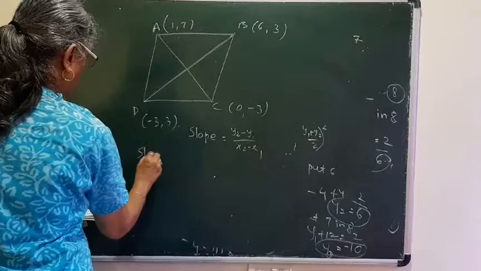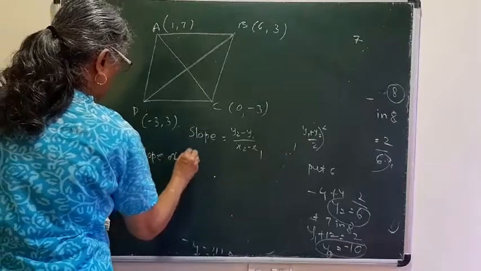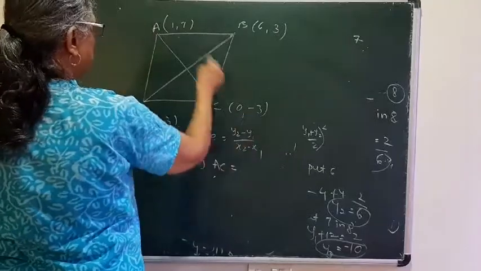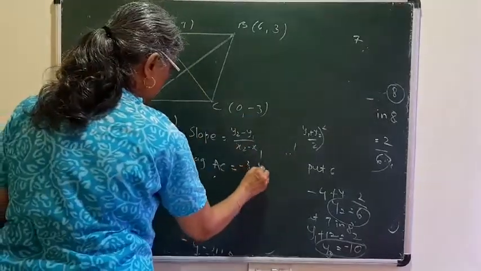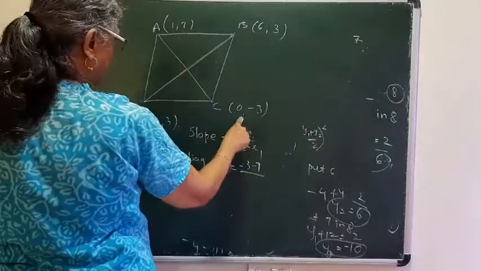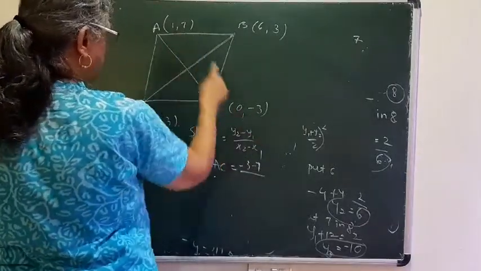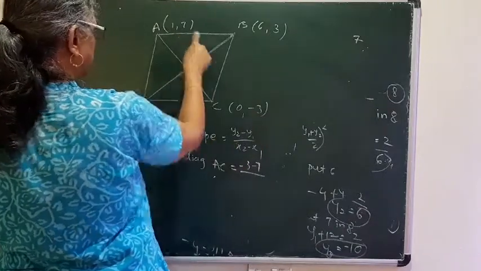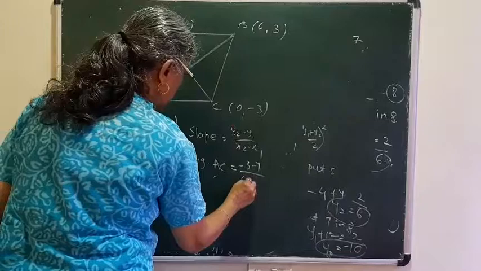So slope of diagonal AC: this is y2 minus y1 upon x2 minus x1. This is x1 y1, x2 y2. Followed.